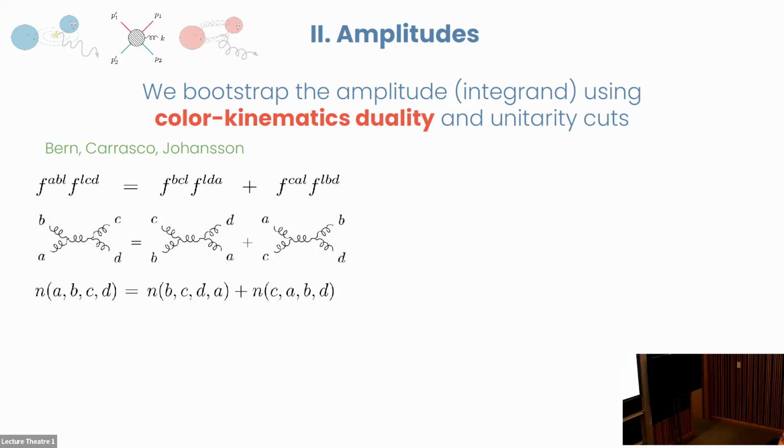And this Jacobi relation you can show in terms of the graphs like this. So color kinematics duality means that while here you have this nice relationship for the color factors, you also get some kinematic expression per graph. You have the propagators in the denominator, and then you have some kinematic numerator. So what we want is for these kinematic numerators to obey the same Jacobi relations as the color factors.